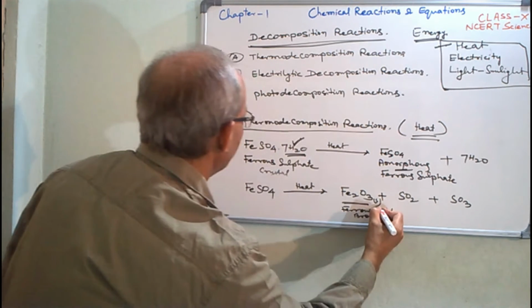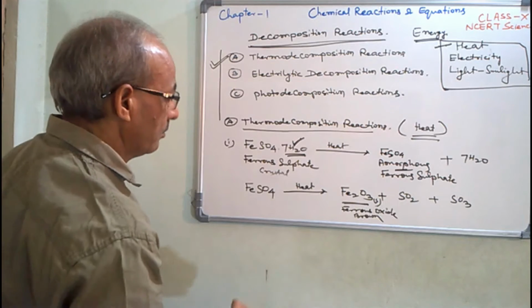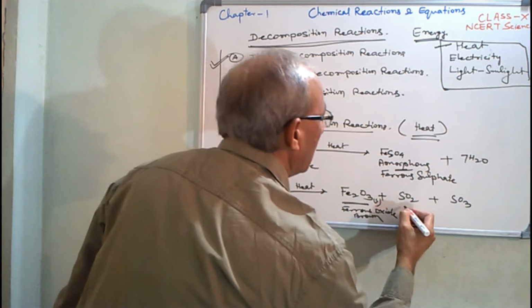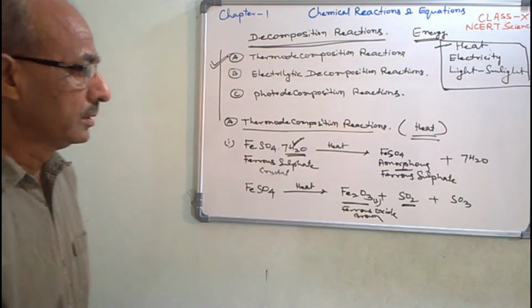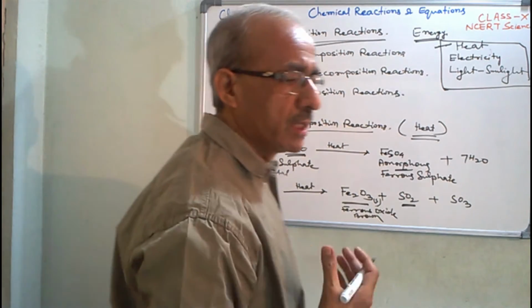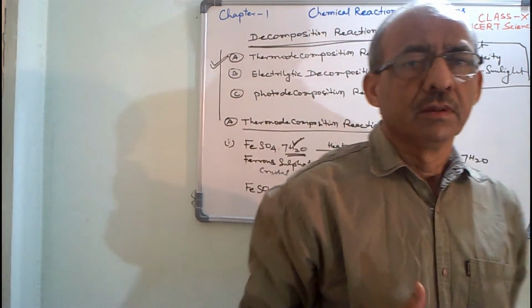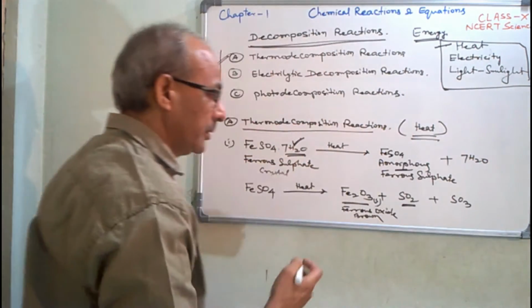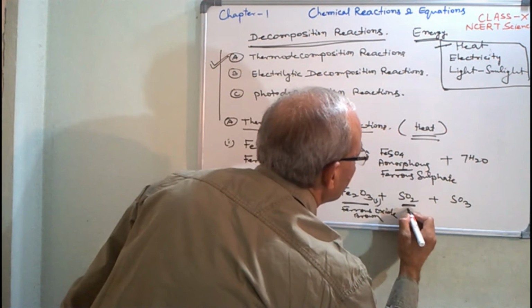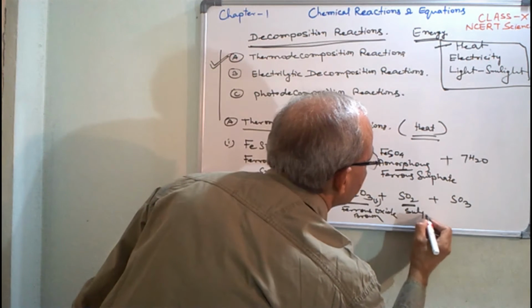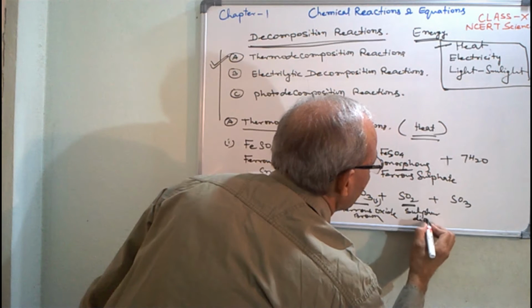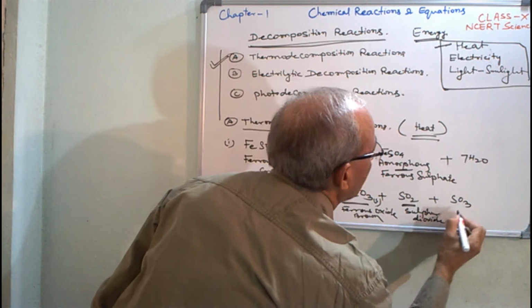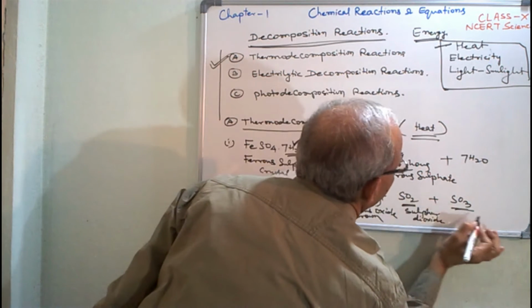This is in solid form, and at the time of heating, the characteristic smell of burning sulfur is felt due to the production of sulfur dioxide, and this is sulfur trioxide.